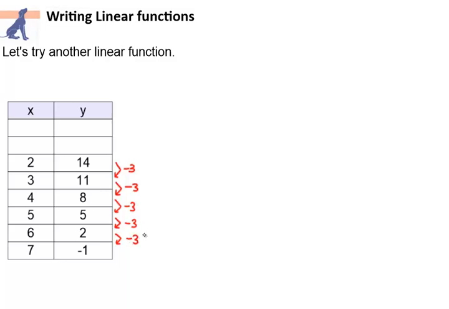Okay, so here all we want to do is write the linear function. So remember, y is equal to fx plus e.